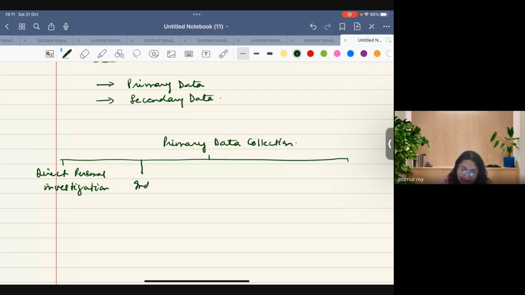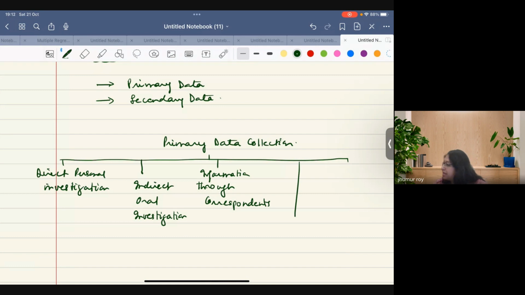Second is indirect oral investigation. Third, you have information through correspondence. Then the next one is telephonic interviews.